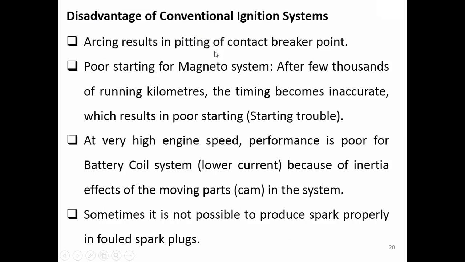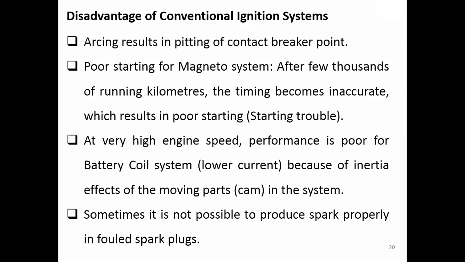That means the longer you use the system, at the face of the contact breaker point you will see many small tiny holes. This will create more arcing when it closes and opens, because the face of the contact breaker point is not smooth.